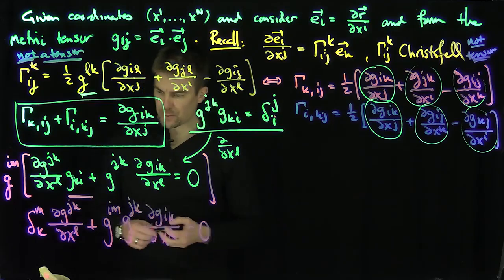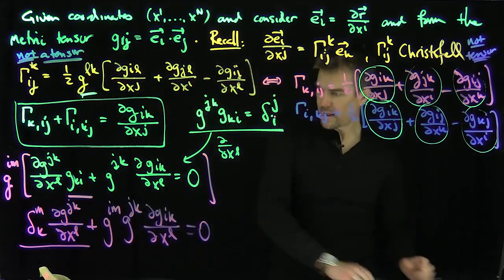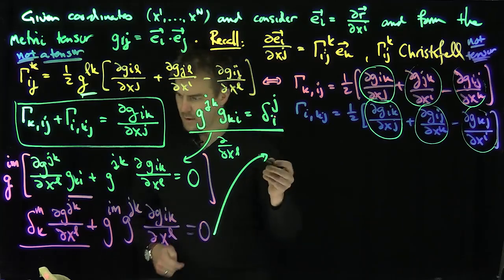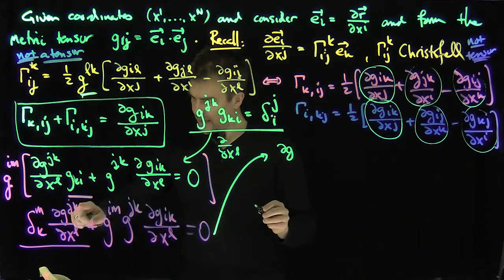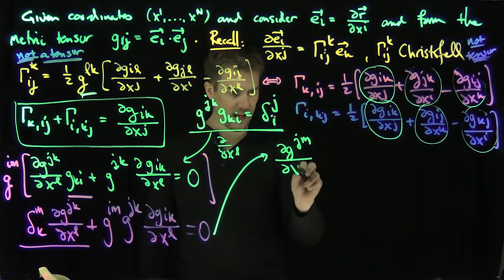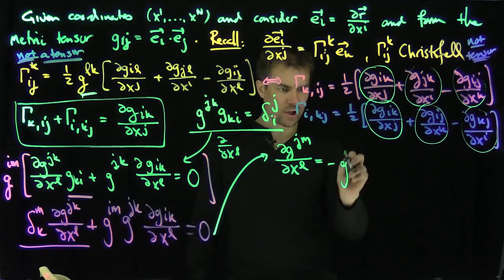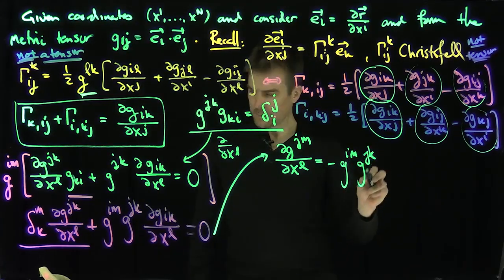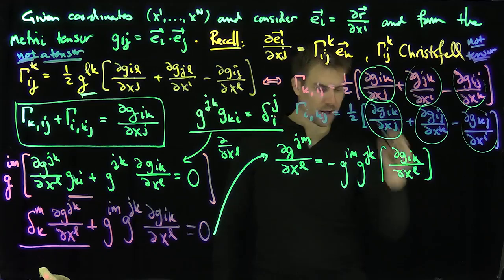And so now what this allows me to do is conclude that a partial g^{jm} over partial x_l is equal to what? Is equal to negative g^{im} g_{jk} and then a partial g_{ik} over partial x_l, okay?